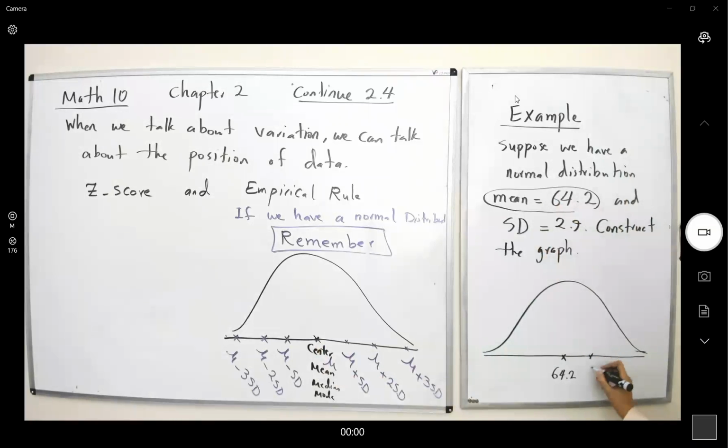Now, I'm going to use my standard deviation to find the rest of these numbers. Next number is 64.2 plus 1 standard deviation, 2.9. I have to do the algebra, do the calculation. My next number is 64.2 plus 2 times 2.9. And my last number on the right-hand side is mean 64.2 plus 3 standard deviations, 3 times 2.9.